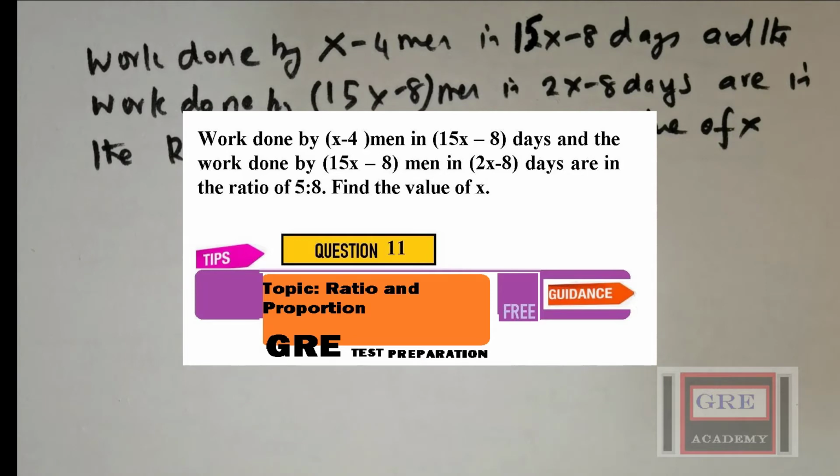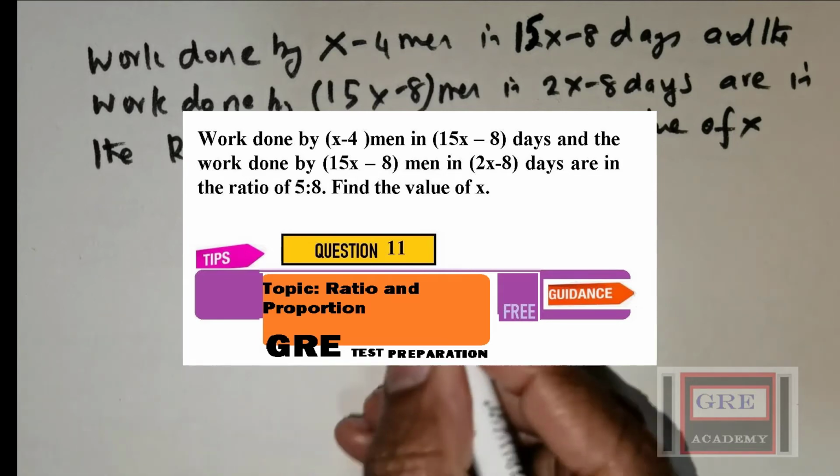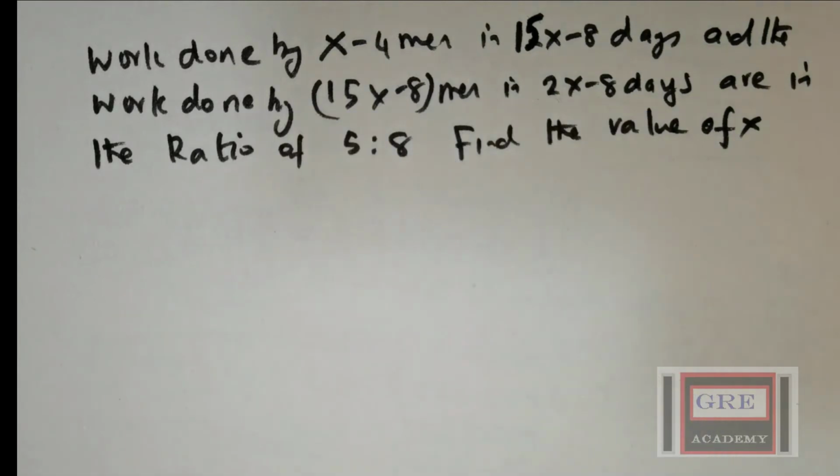Students were given this question: work done by x minus 4 men in 15x negative 8 days, and the work done by 15x negative 8 men in 2x negative 8 days are in the ratio of 5:8. Find the value of x.